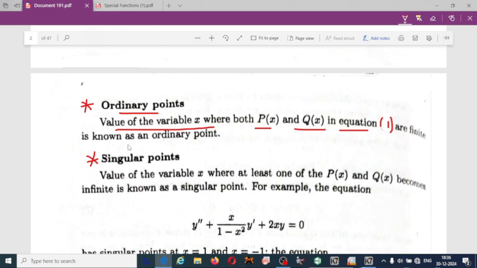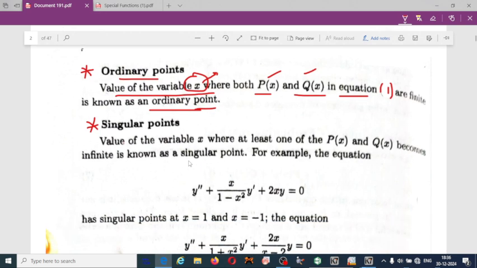I will repeat once again: the values of x where both p and q in equation 1 are finite are called ordinary points.